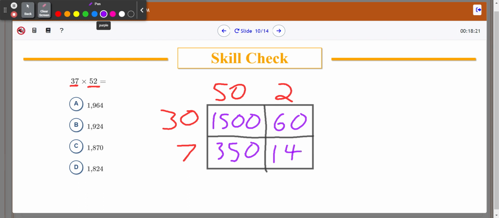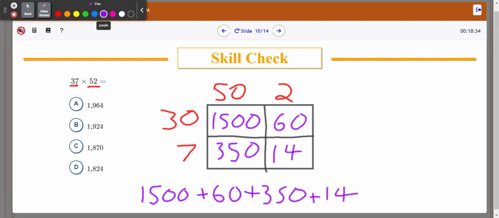So if I take all these numbers and I add them together, I get 1500 plus 60 plus 350 plus 14, that comes out to, just give me 1 second, just to make sure I get the right answer.